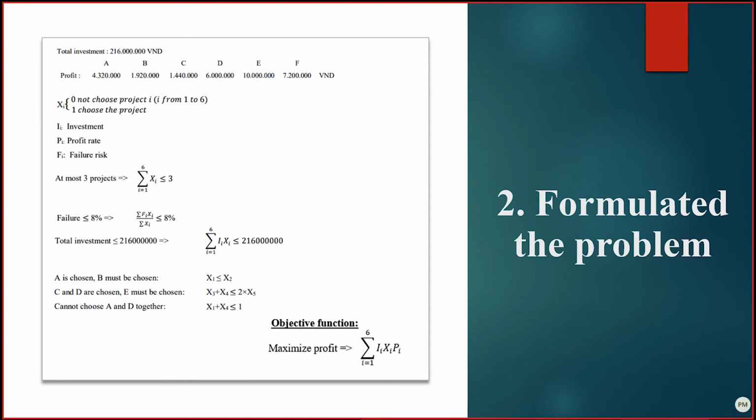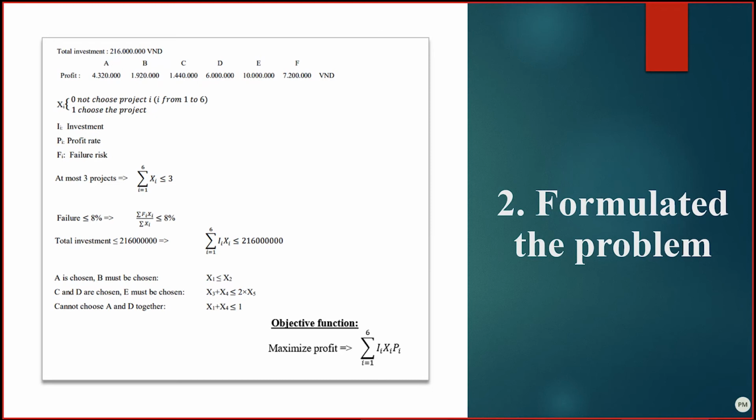Each xi is binary: for one, the project is chosen, and for zero, the project is not chosen, for i from 1 to 6. The total number of choices must be less than or equal to 3.